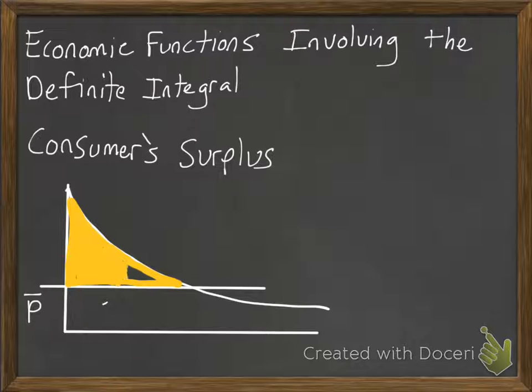The amount of money they've saved is actually this gold area here. We'll make it gold because they're saving it like money. So that gold area there beneath the graph but above P bar is the amount they saved. And that surplus can be given by a definite integral.